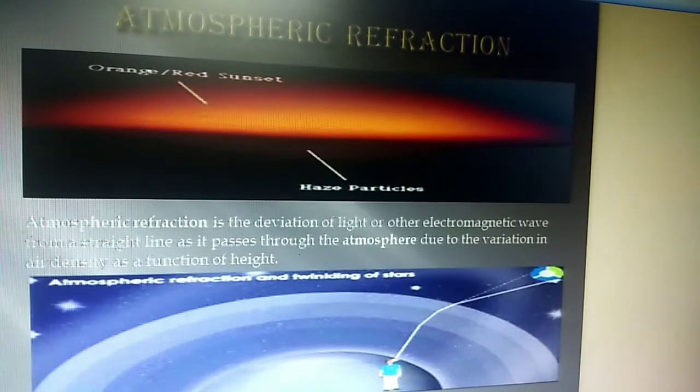When you compare the optical densities from the surface of the earth till the vacuum, the densities will differ. So the density of the air differs, and this difference in air density and temperature leads to differences in the optical densities in the layers of the atmosphere.